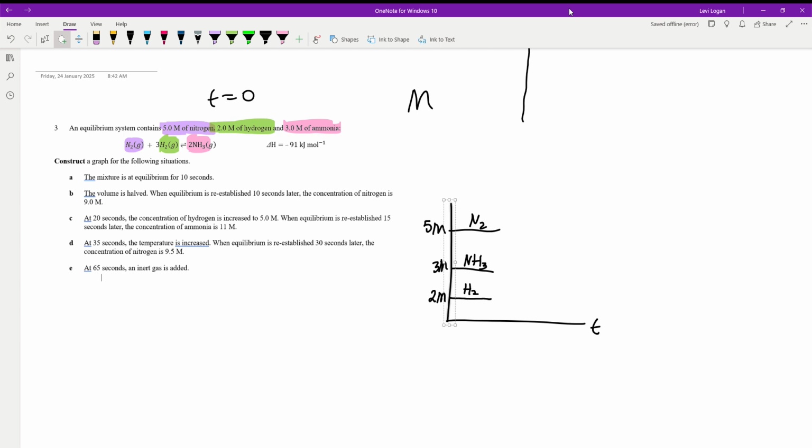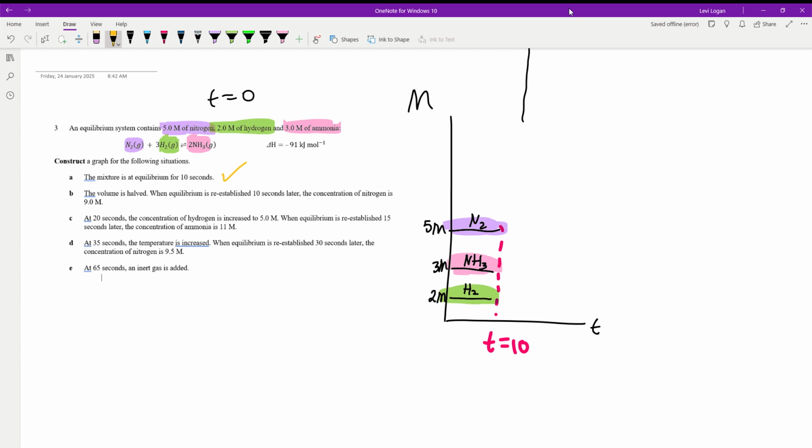Perfect. So here this is at t equals 10. Those are the concentrations at the start, assuming nothing else has happened to these. The volumes are all the same. Oh, that's not hydrogen. That's hydrogen. And nothing else has been changed. So that first bit's pretty easy.